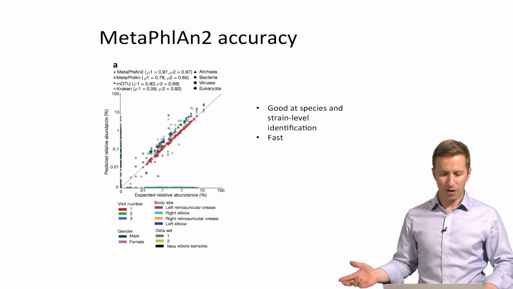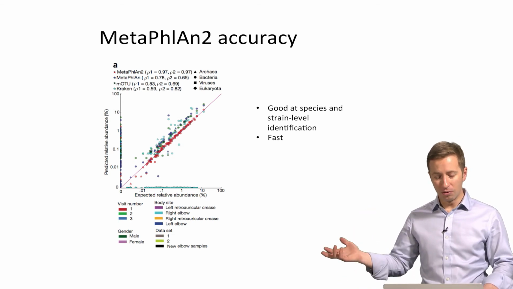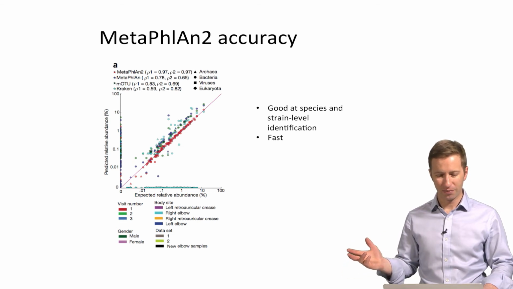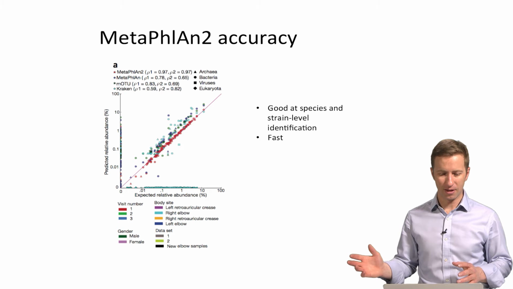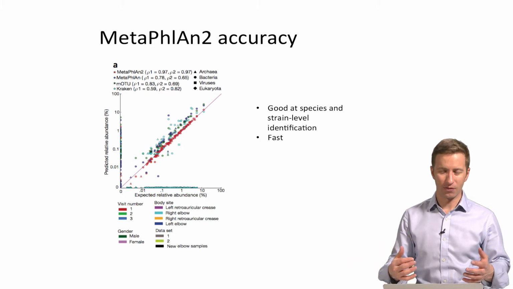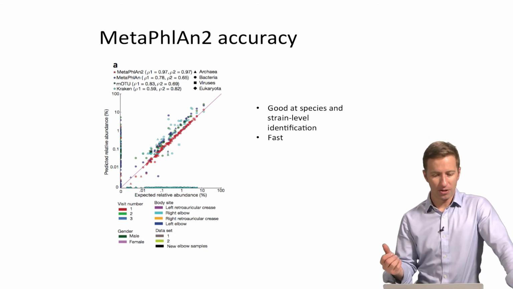So this is comparing MetaPhlAn, MetaPhlAn 2, and MetaPhlAn's strain-level option, which I forgot to mention, but it is very cool because it can also identify bugs that aren't in the reference database. And then Kraken, which I mentioned earlier.